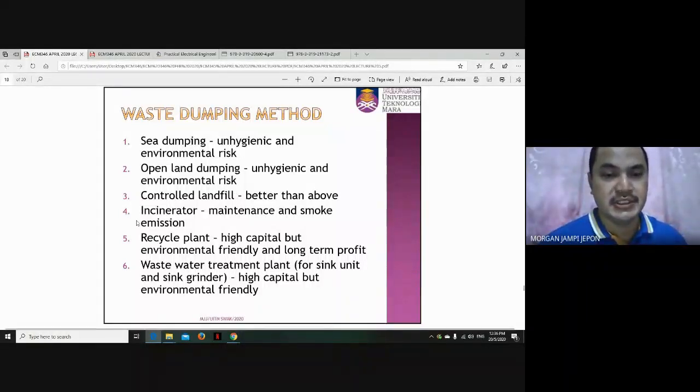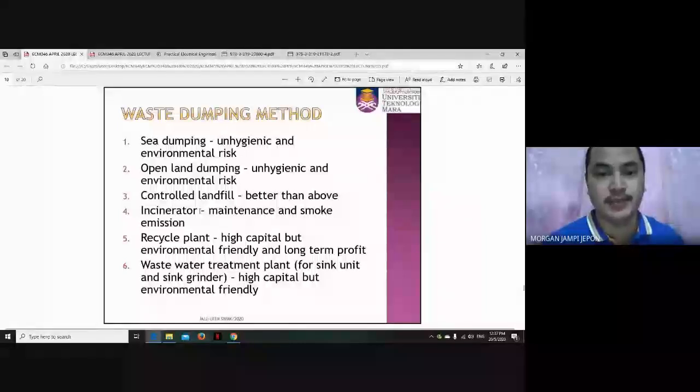Number 4 is the incinerator. We don't use this one because an incinerator produces smoke, and smoke is bad for our environment. We don't want that. And number 5, this is the system that most developed countries prefer: recycling.